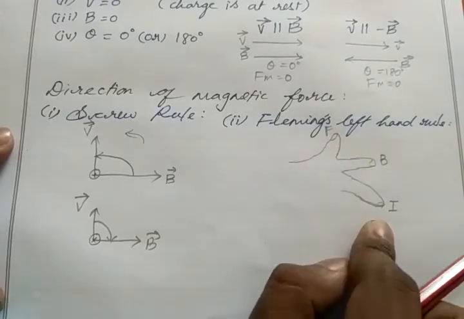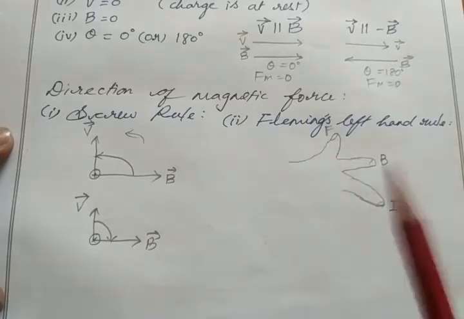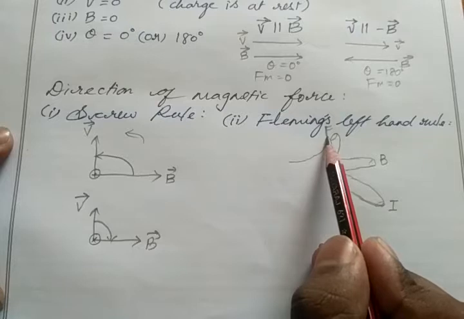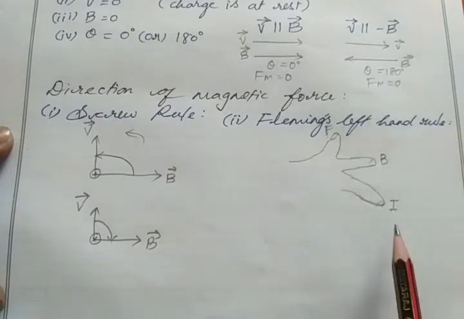Okay, FBI. Facebook, Instagram, not Facebook, Instagram. But you can remember in that way because both are similar structure, both owned by Mark. Okay, both have share, likes, comments. You can just remember that way. F means force, magnetic force. B means magnetic field.